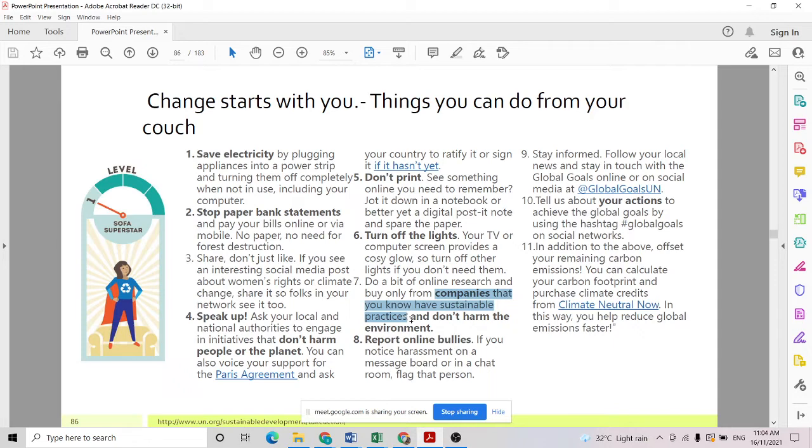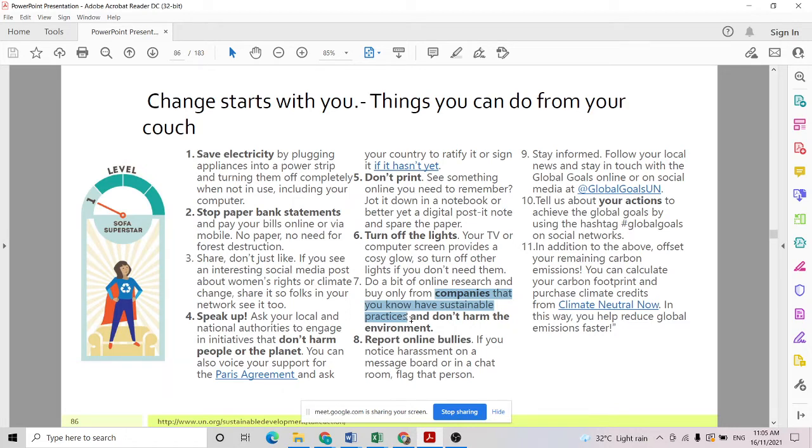It's not only by voting, it's up to you to buy products from this company, and then you support them. That is one of the efforts to support sustainability.